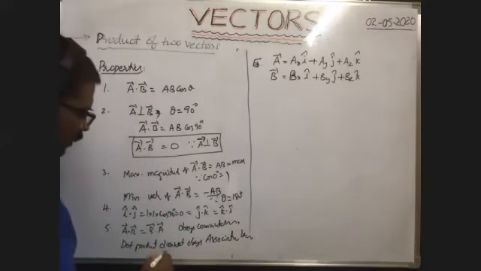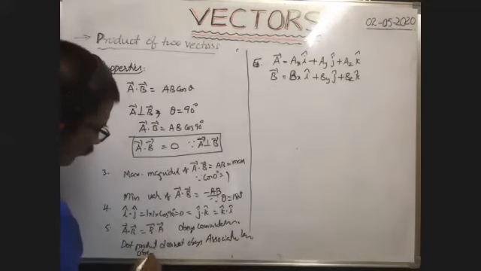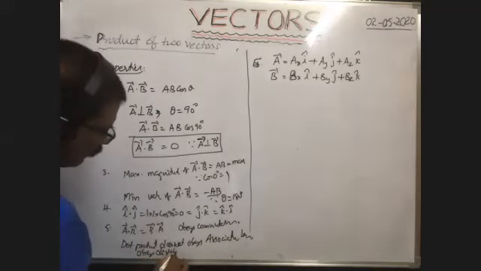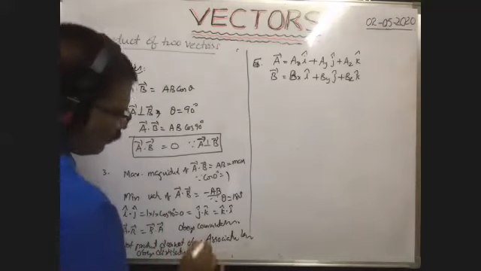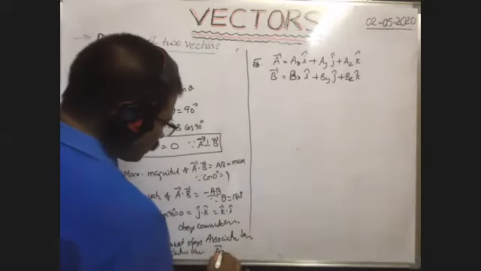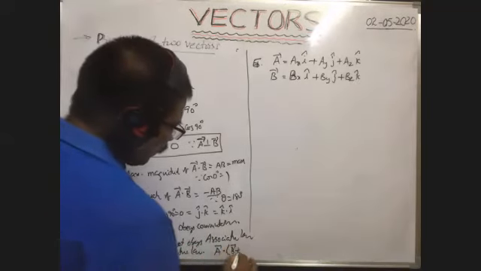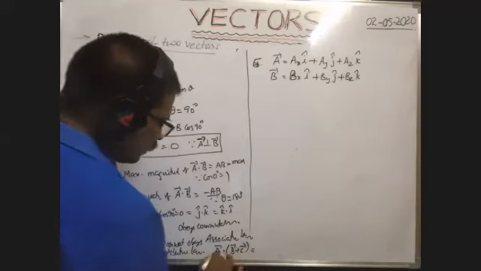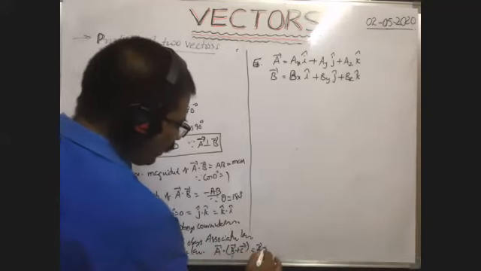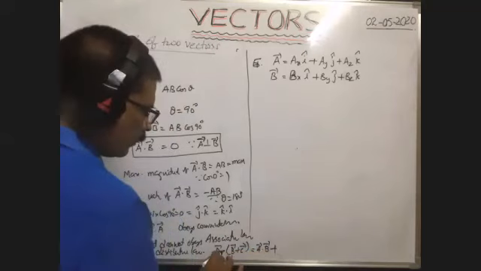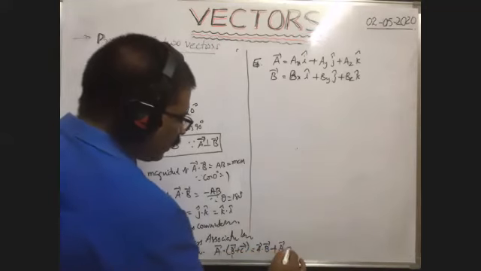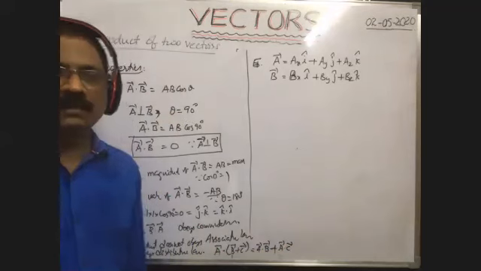Dot product obeys distributive law. Because a bar dot, b bar plus c bar: first a bar dot b bar we write, plus a bar dot c bar. So it obeys the distributive law.